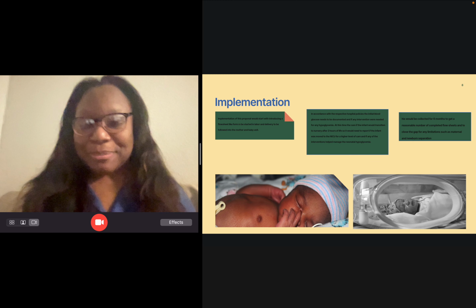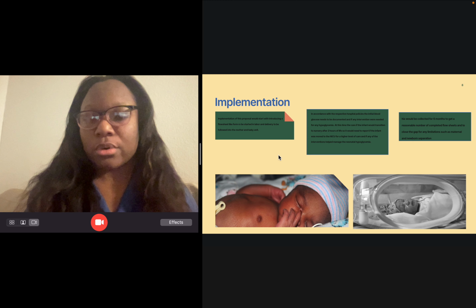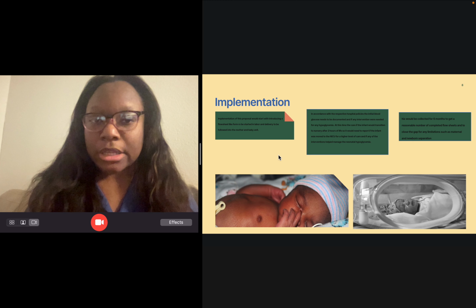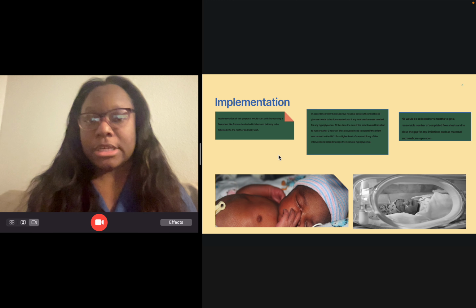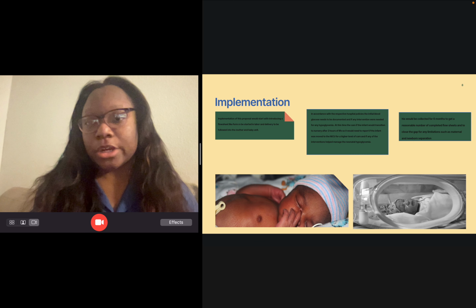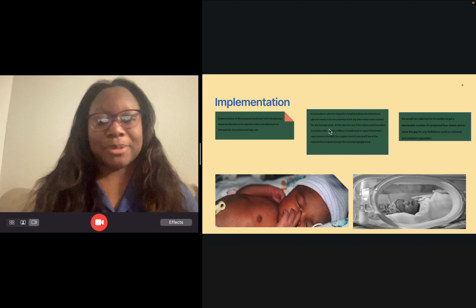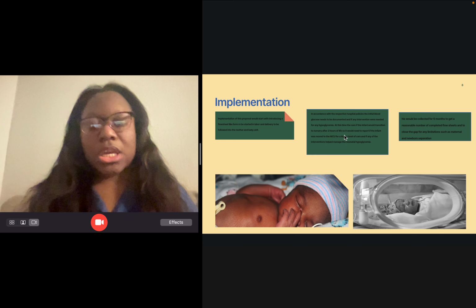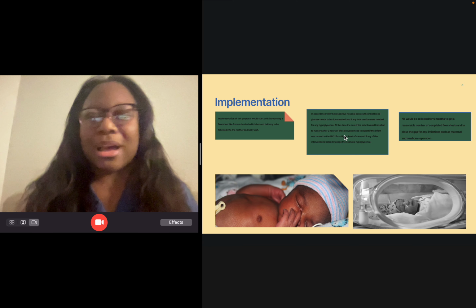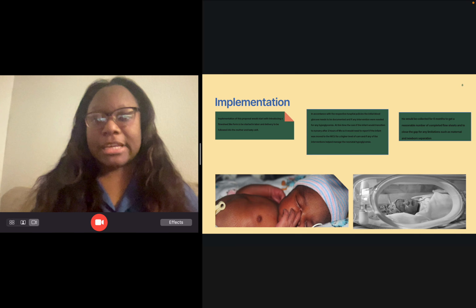All right, so implementation. My implementation proposal would start with introducing a flow sheet for labor and delivery nurses to start and to follow that baby into mother baby or NICU, whatever care is implemented for that child. In accordance with that flow sheet, I would want to know, do we know if this mom is already at risk?